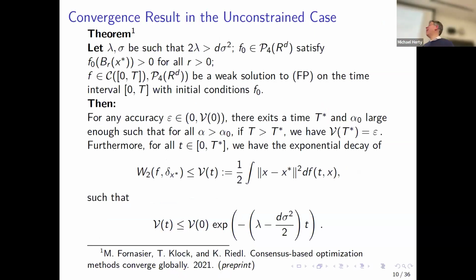This is answered essentially by this result. It goes exponentially fast towards the equilibrium. This is a positive quantity, right? And this is the variance around this x star. Unfortunately, it would be nice if you could prove that for all t up to infinity, but the proof here is only up to some given time t star.